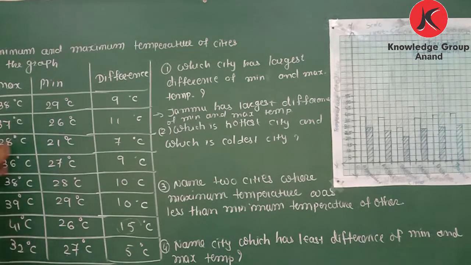So find the maximum temperature. You can see that the Jammu has maximum temperature, means it is a hottest city, and coldest means you need to find the lowest temperature in minimum. So it is Bangalore.